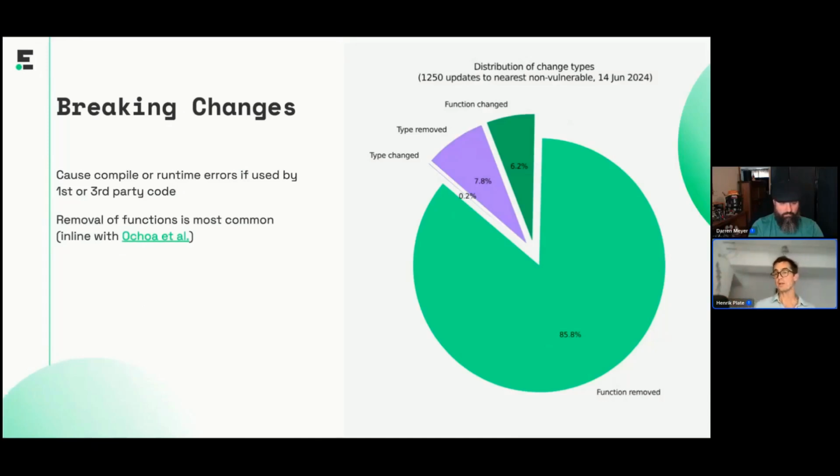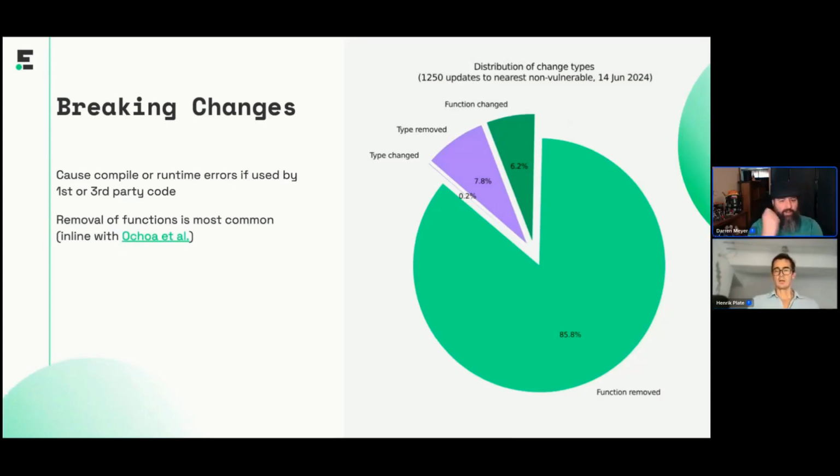Obviously, the client calling into it is breaking. As you see here from the pie chart, this is by far the most prevalent, most frequent breaking change that we found when comparing all those versions, which is in line with research such as from Ochoa and colleagues, which came to the same conclusion.